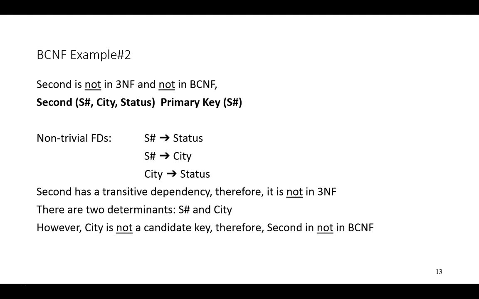Again, there is a transitive dependency where city, a non-key attribute, determines status, another non-key attribute. Therefore, this table or relation does not qualify as being in third normal form. There are two determinants, S number and city. City is not a candidate key, therefore this table or relation is not in Boyce-Codd normal form.